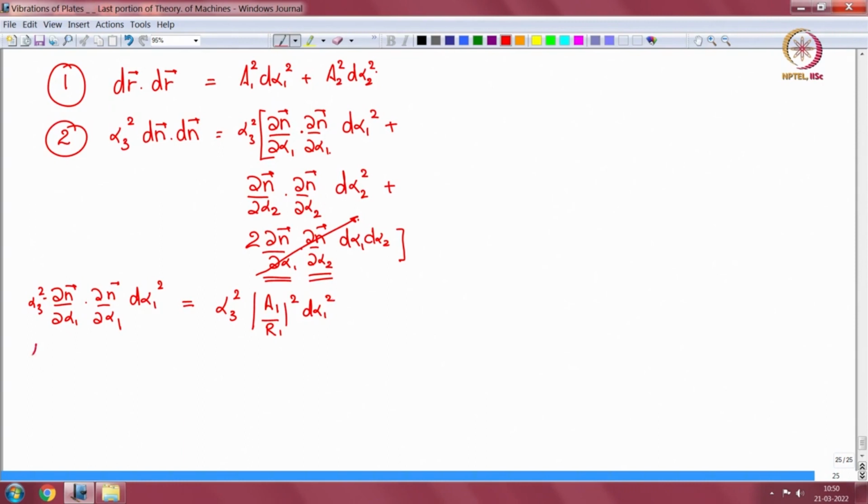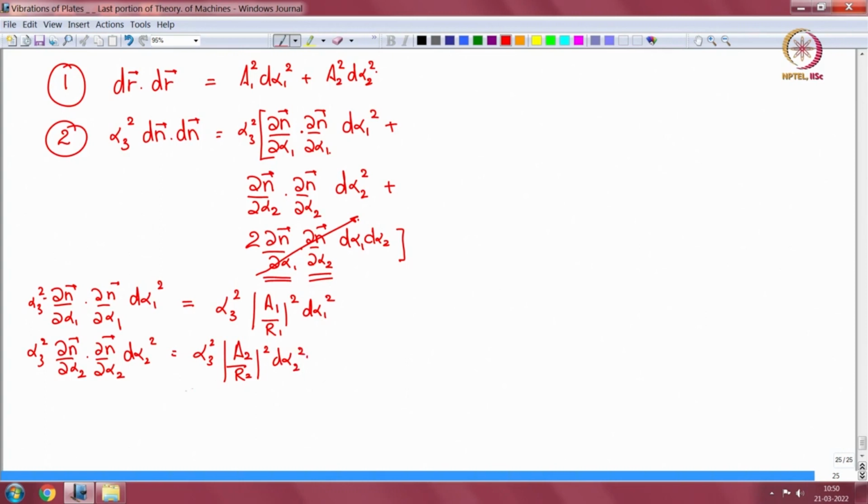Similarly, alpha 3 squared del n by del alpha 2 dotted with del n by del alpha 2 d alpha 2 squared is a2 by r2 squared d alpha 2 squared.